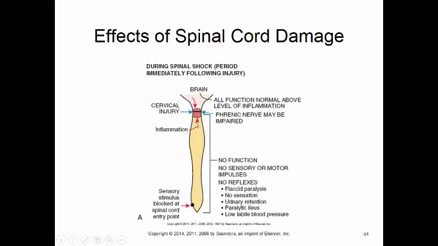Typically the reflexes down here are going to be blocked temporarily. So we're going to see things like no reflexes, flaccid paralysis, no sensation, urine retention, low blood pressure, sensory stimulus blocked at the spinal cord entry point.